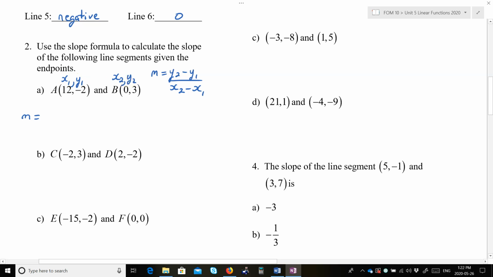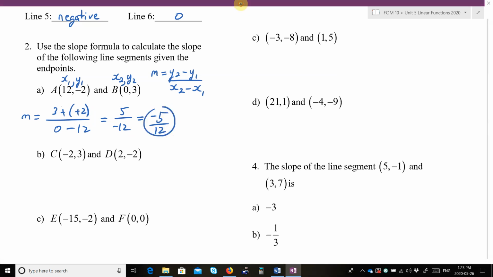So I'm going to set it up like that. We go y2 minus y1, so 3 minus negative 2 over 0 minus 12. 3 minus negative 2, to add the opposite, is 5, and on the bottom we have negative 12. So negative 5 over 12.